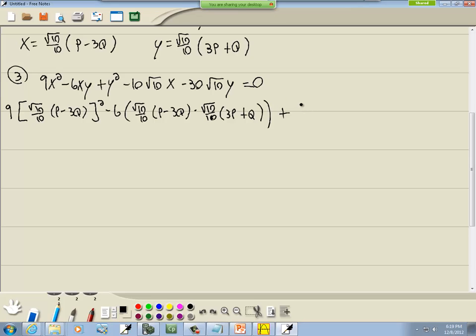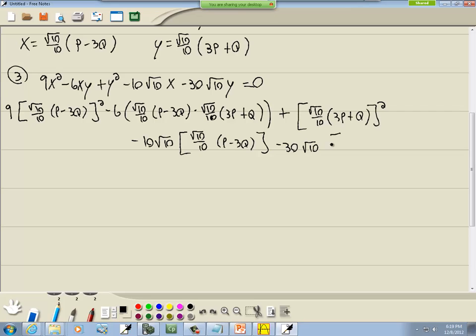Plus y squared, so we have square root of 10 over 10 times 3p plus q squared, minus 10 square root of 10 times x, and x is square root of 10 over 10 times p minus 3q, minus 30 square root of 10 times y, which was square root of 10 over 10 times 3p plus q, equals 0. So again, everywhere I had an x, I plugged in this, and everywhere I had a y, I plugged in this.